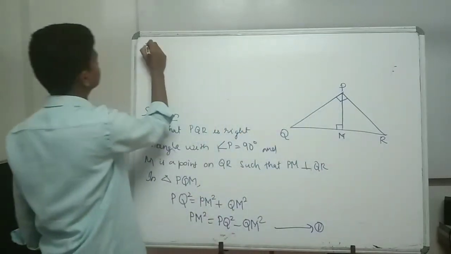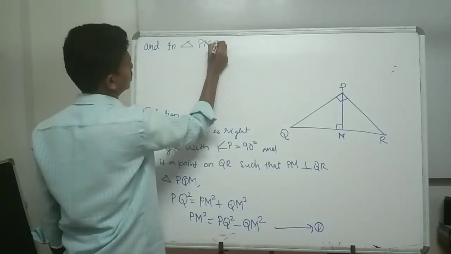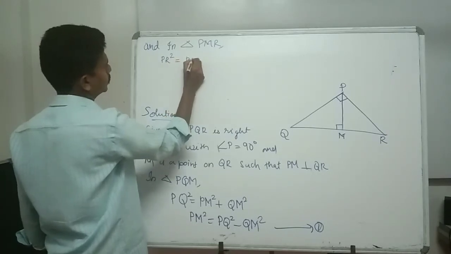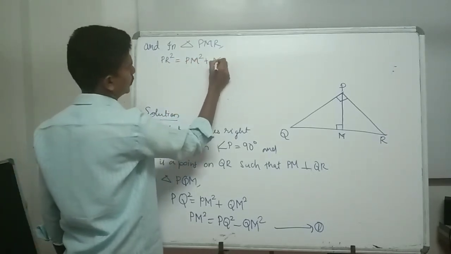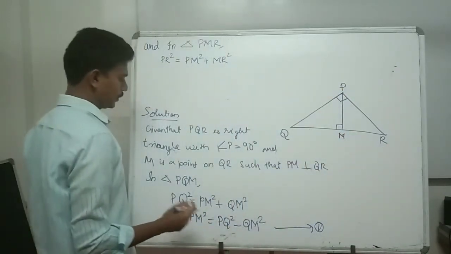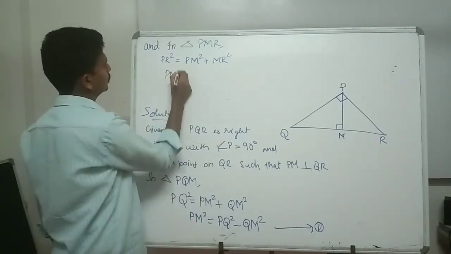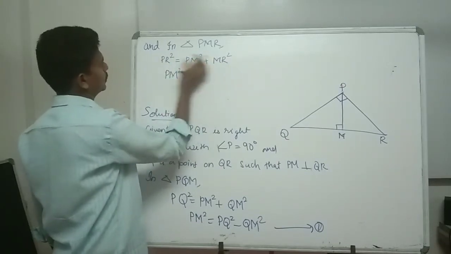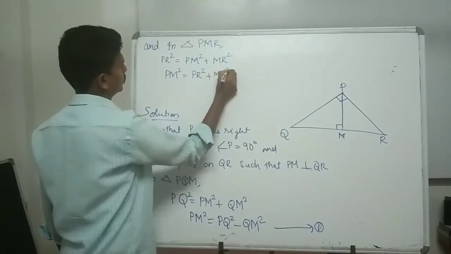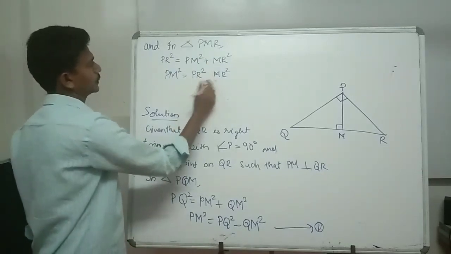Next, in this triangle PMR, PR is the hypotenuse, so PR square is equal to PM square plus MR square, or RM square we can write. So here PM square, we can bring MR to this side, so PR square minus MR square. This is equation 2.